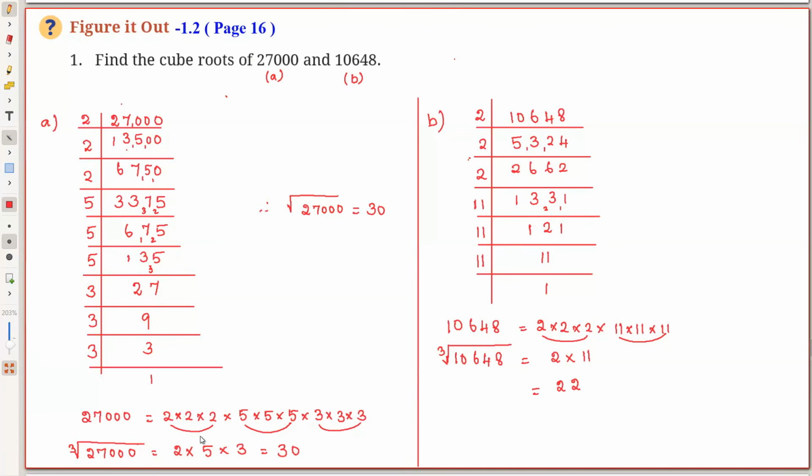From each triplet you can take one number out. 2 into 5 into 3 is 30, which is the answer. The same for 10,648: use prime factorization. Here 2 into 2 into 2, 11 into 11 into 11. It has triplets. From 2 we take one 2 outside, from 11 one 11 out. So 2 elevens are 22.